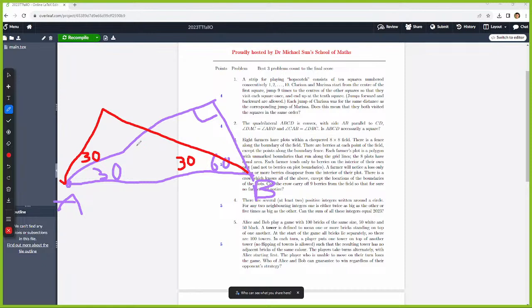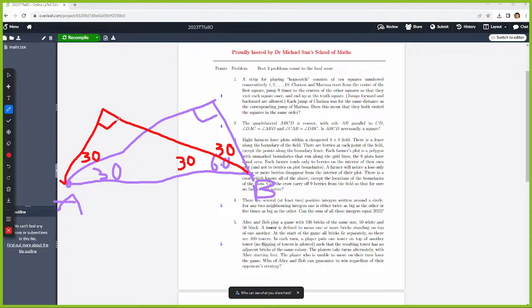Is that right? Okay, and what angle goes here? 30? Yeah, 30. Okay, and then what angle goes here? 90.